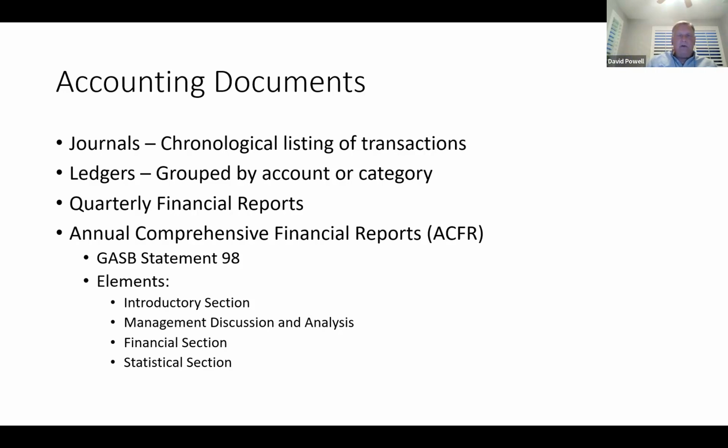They may have hundreds upon hundreds of notes in really, really small print at the end of their tables, their sheets in the financial section. So it can be kind of tough to get through, but the financial section will give you a lot of the information you need in order to calculate some of these fiscal solvency indicators.